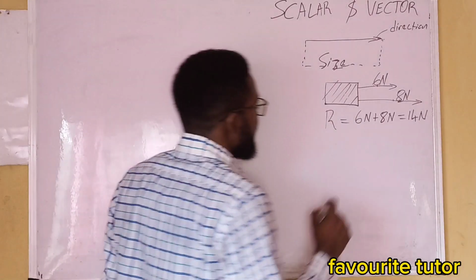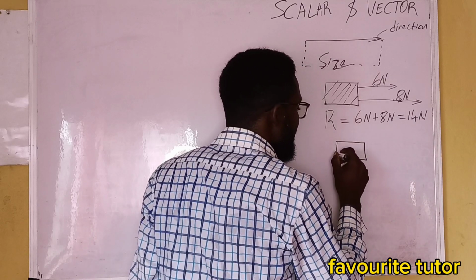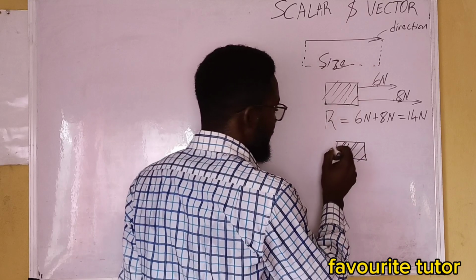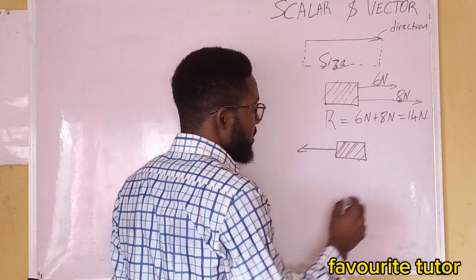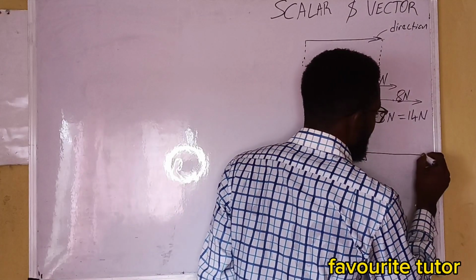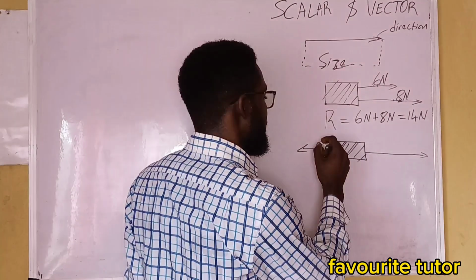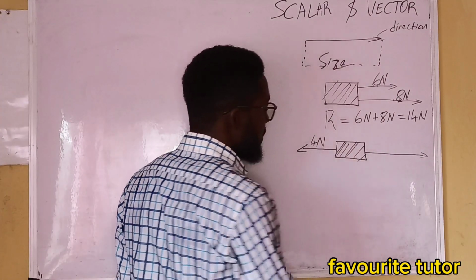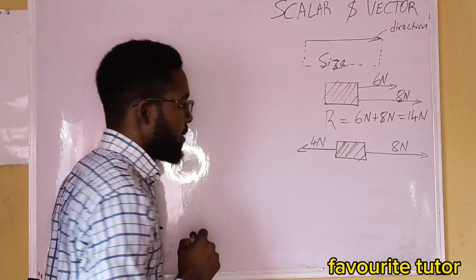Second case, when forces are acting on a body in opposite directions. This is force 1, and this is force 2. Let us say this is 4 Newton, and here 8 Newton.